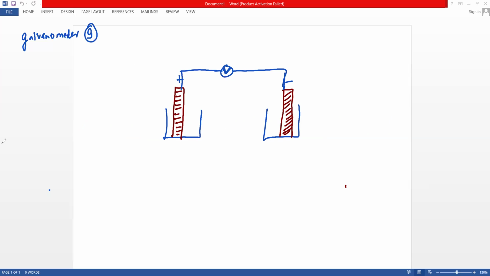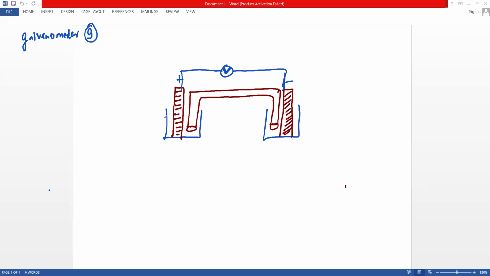And within this, there is a salt bridge which is used to separate the two half cells. Let me explain what's going on here.